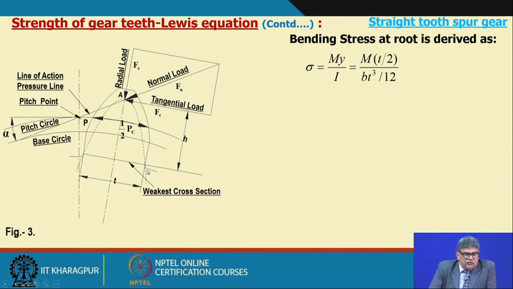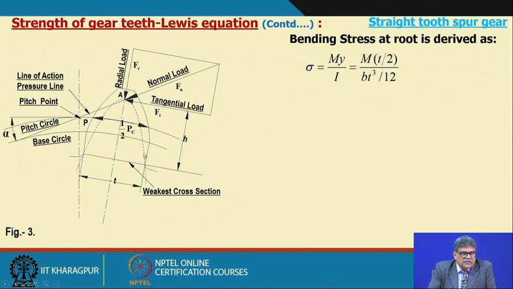Now, if we would like to find out the stress at this point, we can write this equation: sigma is equal to M y by I, where y is the distance from the neutral section to the extreme point where the stress will be maximum, and I is the area moment of inertia of this cross section.